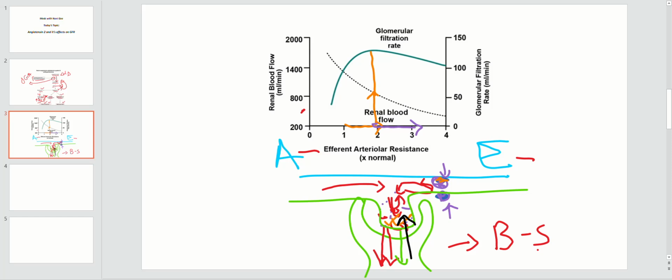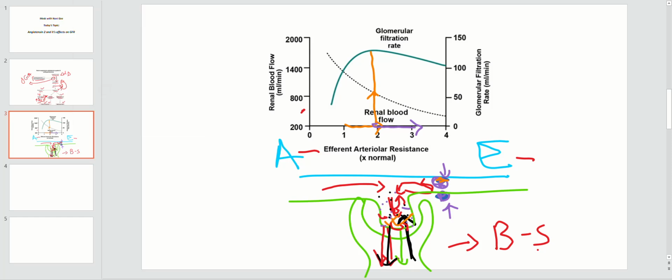Now, instead of the water going this way, your glomerulus will start reabsorbing water, or the glomerulus will stop more filtration, or decrease filtration, due to the increase of protein in this area, right?